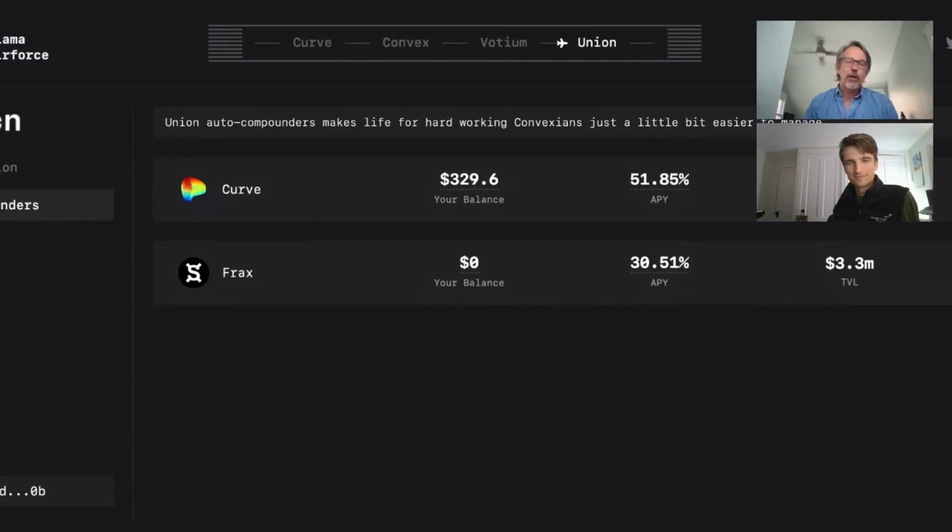Right. Over on Frax, with FXS, the voting lock token, and their gauges over there, only a couple of protocols have started, but it's going to start going more. Temple was one of them, and I've collected a few of those myself the past couple of weeks.